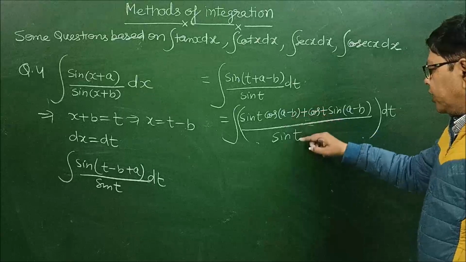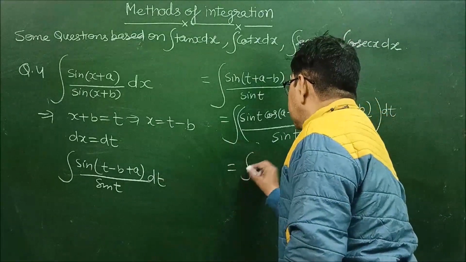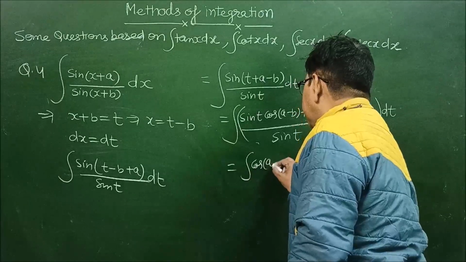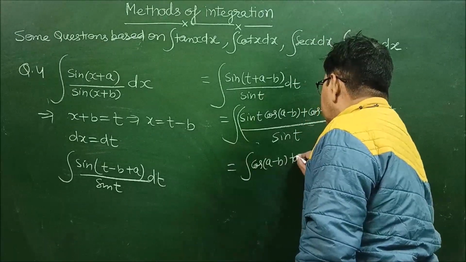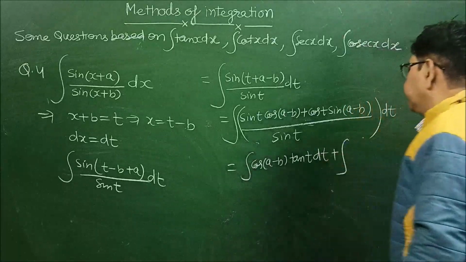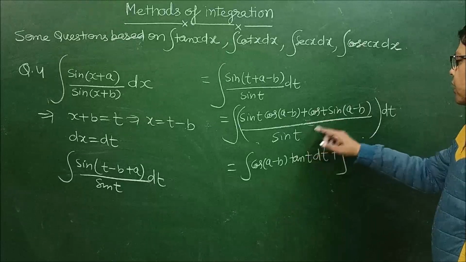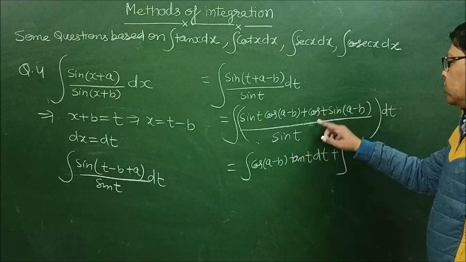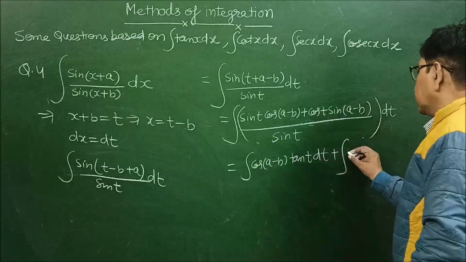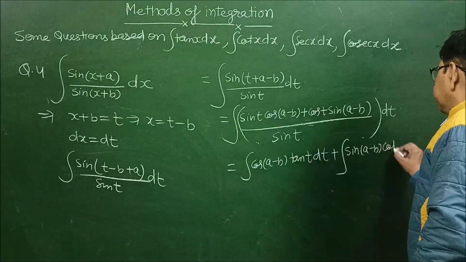Now separately dividing by sine t, we get cos of a minus b into tan t dt plus integration of this, if I divide here, then cos t upon sin t is cot t, sin a minus b cot t dt.